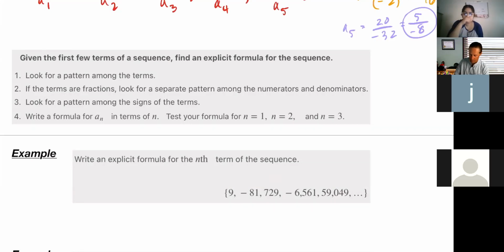And again, just be careful. I know there's lots of commas going on here, but hopefully you guys can see all of the generic terms. Here's A1, 2, 3, 4 is all of this. 5 is all of that.